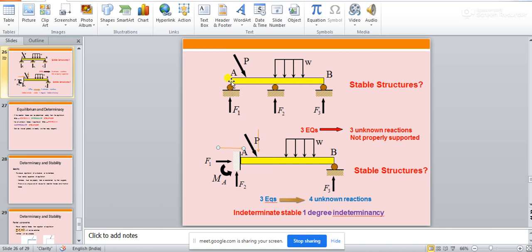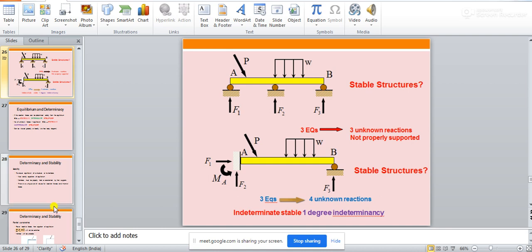Because there was no restraint provided over there, no holding, the structure was able to move. That's why that structure was unstable. But in this case, although the force is coming at this level, because of the restraint by this fixed support, the structure will not be allowed to move in any direction. So it will be perfectly held at this position, right?